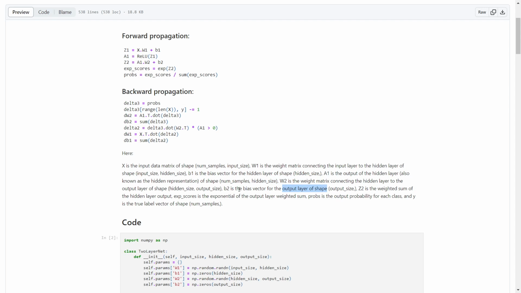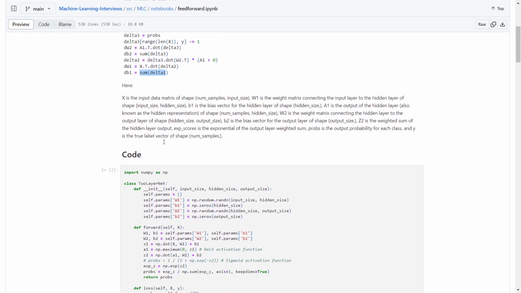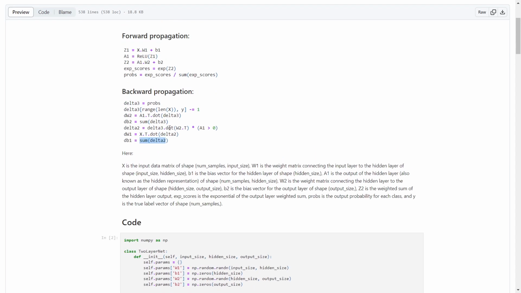Similarly, for delta 2, we do a dot product where we take delta 3 into the transpose of weight 2, and for dW1 we multiply by the inputs, and then sum over delta 2. I hope you understood what we just did here.